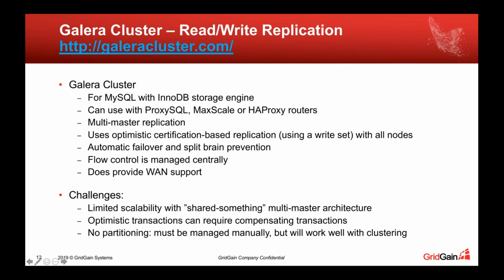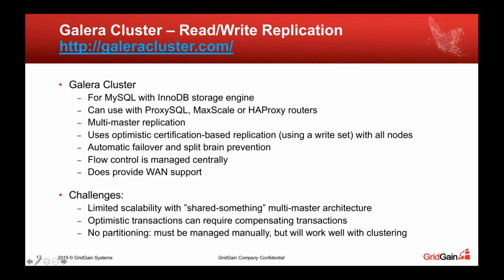It is multi-master replication by default. You can dial down or dial up the number of write servers, so you decide how you want to manage that. It uses certification-based replication, where a write set is assembled and sent to all nodes, and if they all agree, it commits. If not, it fails.